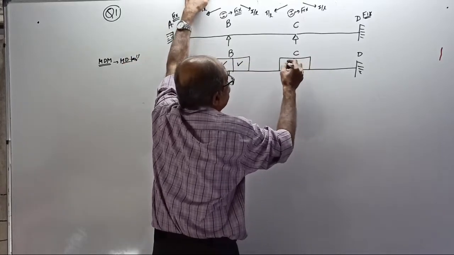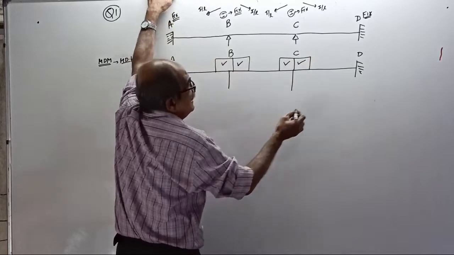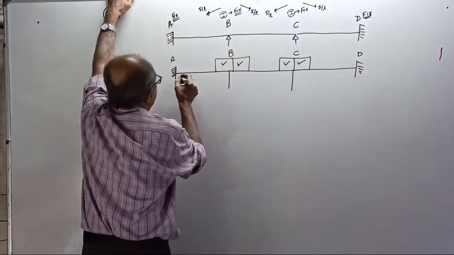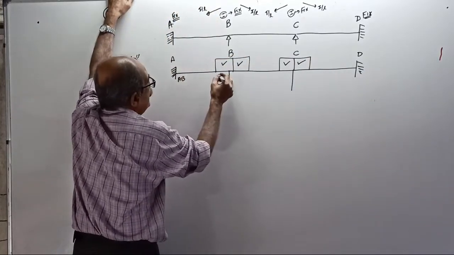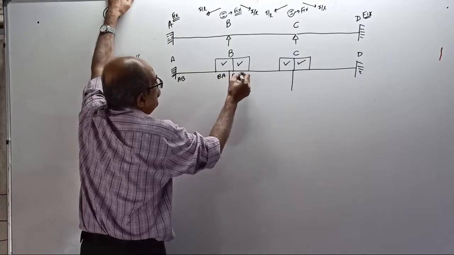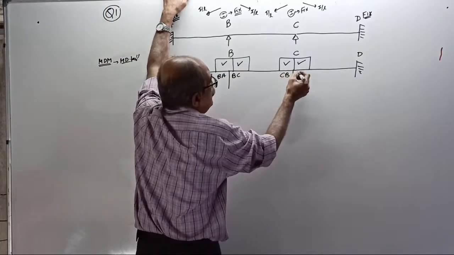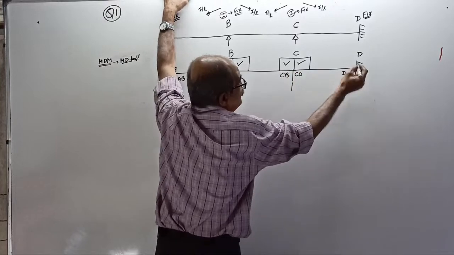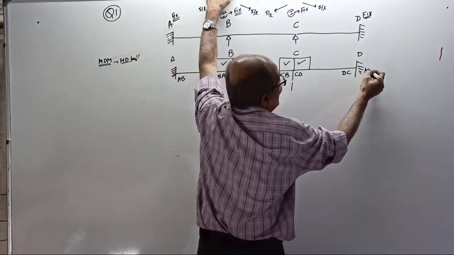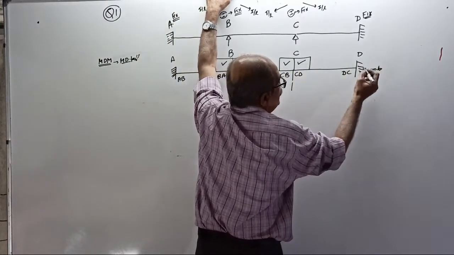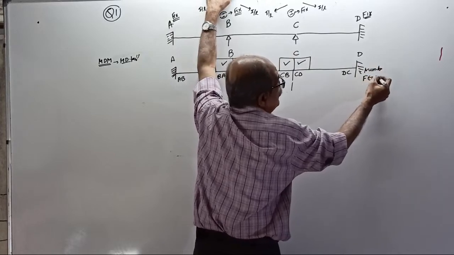Enter the distribution factor. Then enter the member names: AB, BA, BC, CB, CD and DC. You write here, these are the members. Then enter the FPMs.